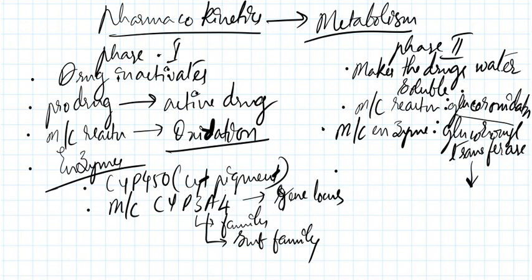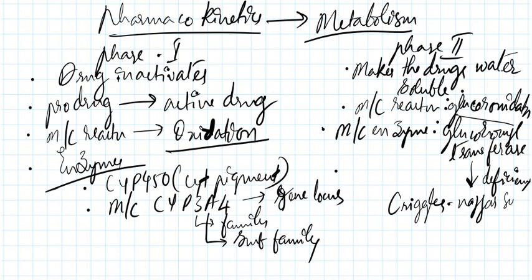The deficiency of glucuronyl transferase causes which disease? Crigler-Najjar syndrome. Guys, this is an important MCQ, but it's not the deficiency of the enzyme that will be asked in the exam, but the symptoms of Crigler-Najjar syndrome will be asked.